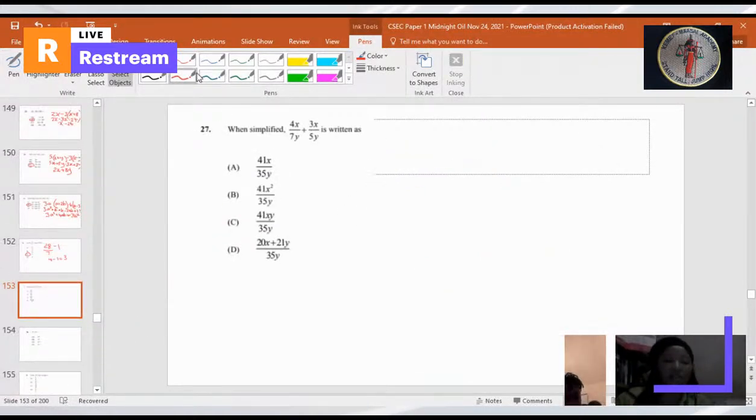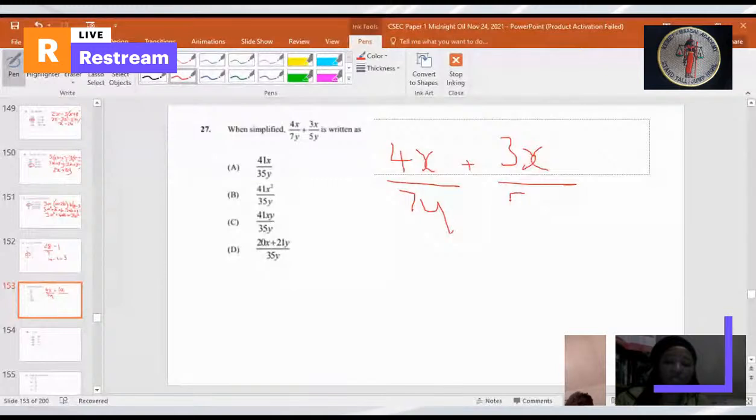And here we have algebraic fractions. So we're to simplify 4x over 7y plus 3x over 5y. So walk me through what am I to do? Miss, it's just like if you were doing regular fractions, just with variables.